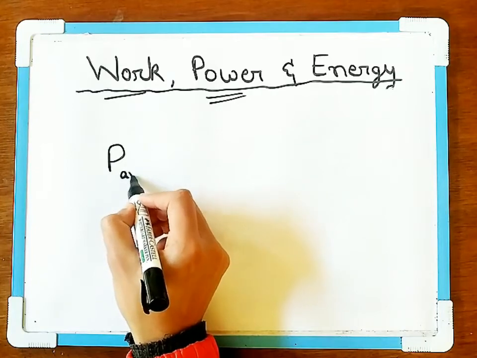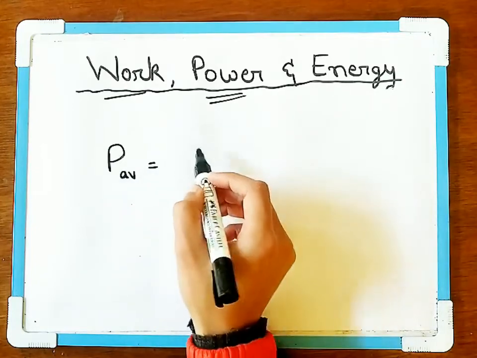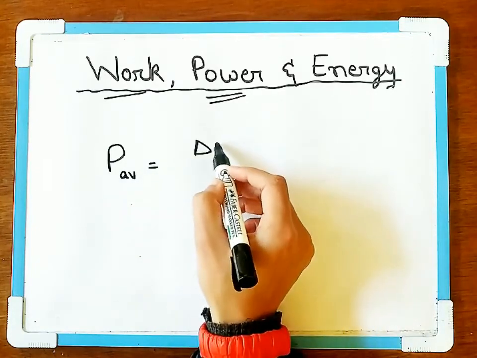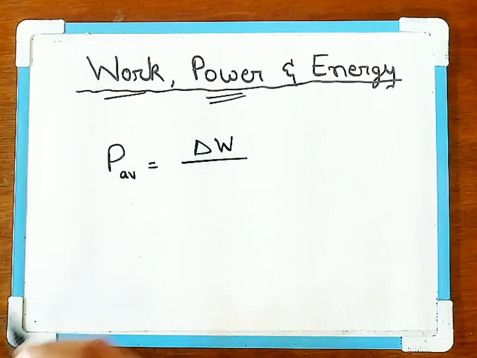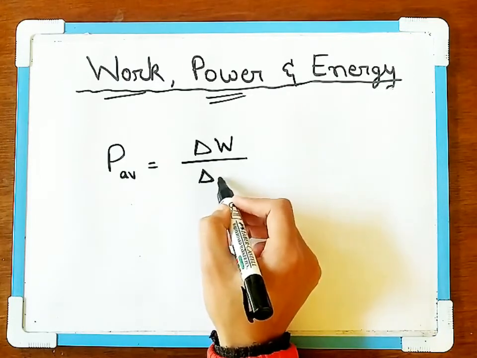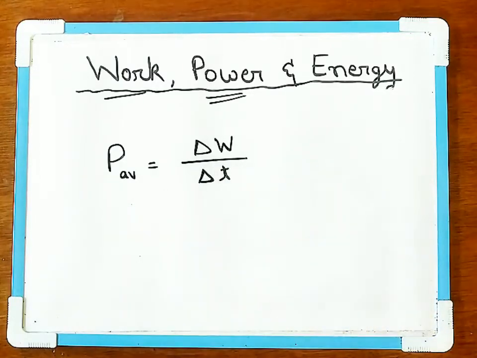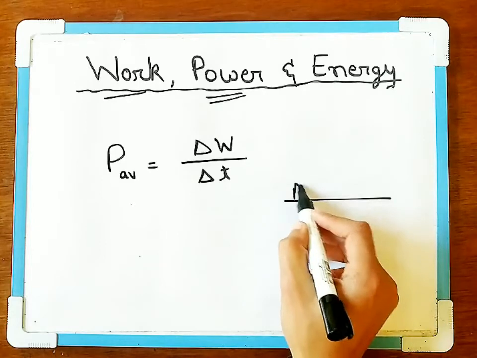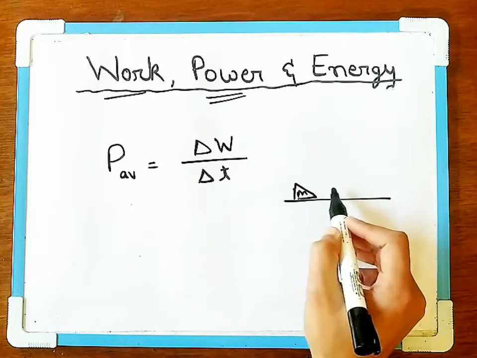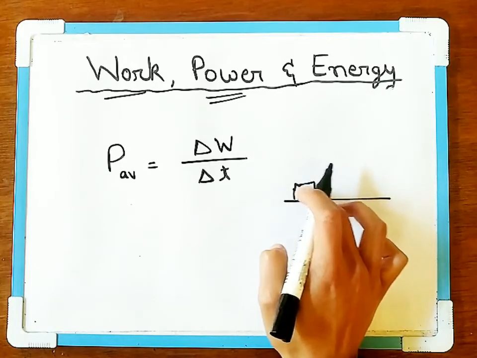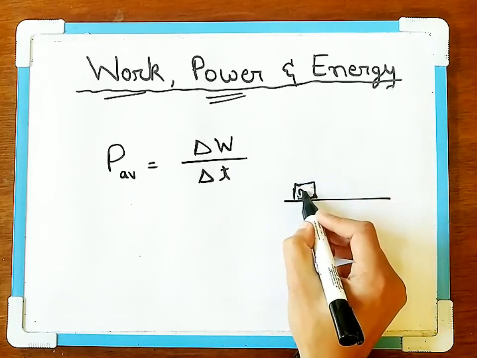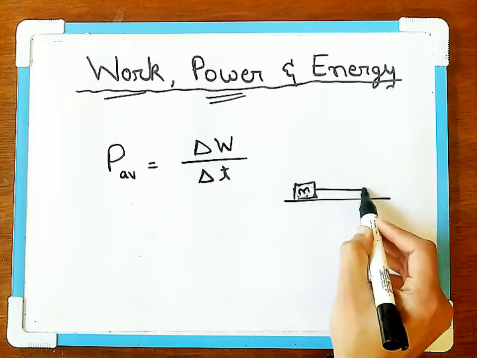The average power is equal to the small amount of work done divided by the small amount of time taken for the work to be done. Suppose we displace an object, this mass, from this position to this position.